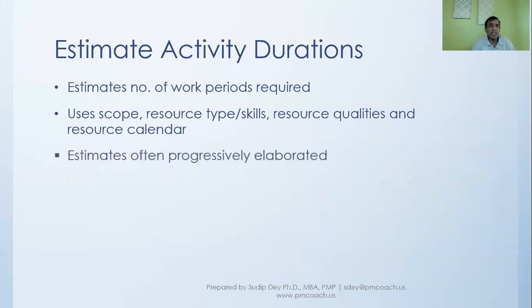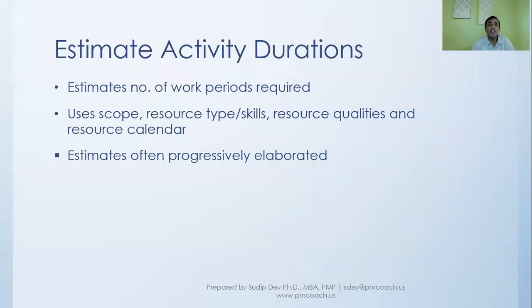Oftentimes, what happens is we estimate using progressive elaboration that we talked about in our last process, if you remember. Progressive elaboration is that concept, that methodology, where you plan in detail the near-term activities and you leave the activities that are further out for later planning.